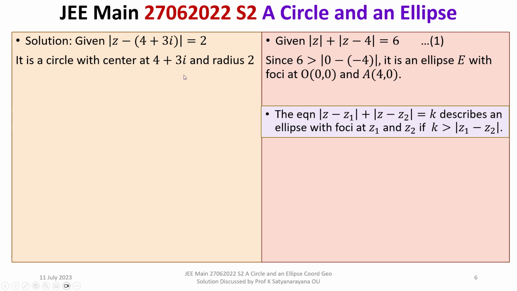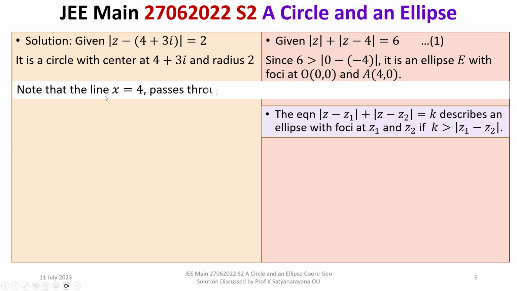So the straight line x equal to 4, parallel to the y-axis or the imaginary axis, passes through the center of the circle and the focus A of the ellipse E.